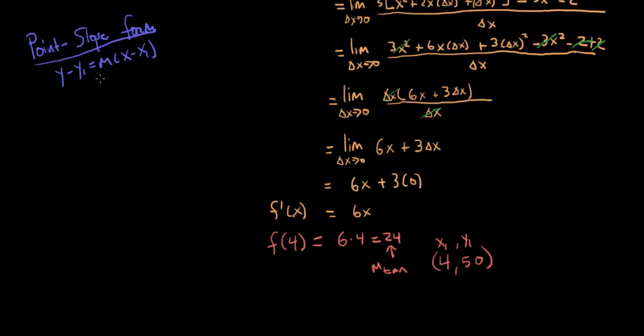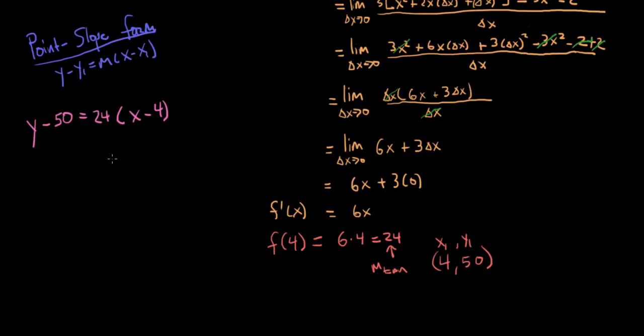Okay, so we need a point, which we have. We have x1, y1, and we have a slope. So we can just substitute into the point slope form. We can say that y minus y1, which is 50, equals m, which is 24, times x minus x1, which is 4.